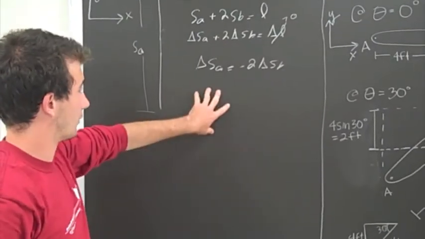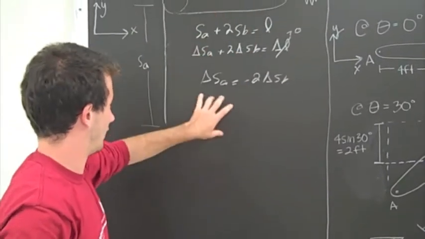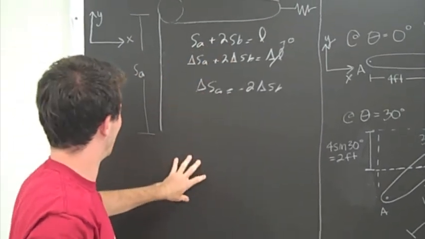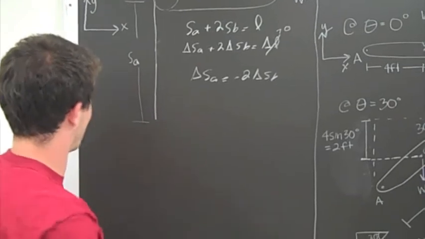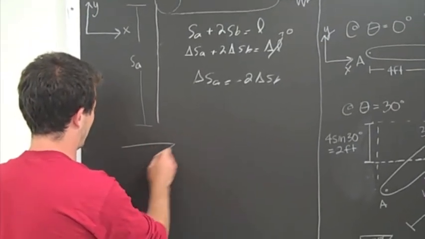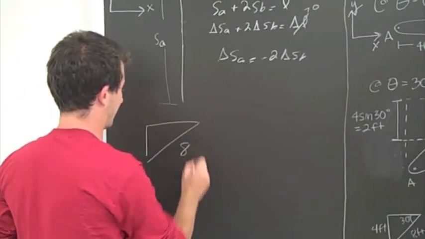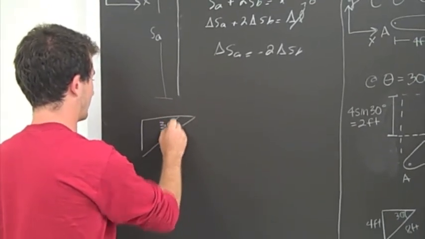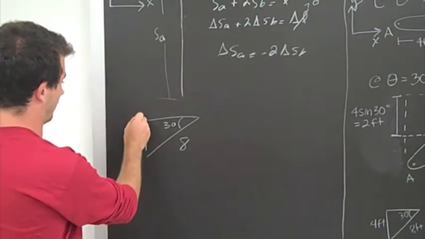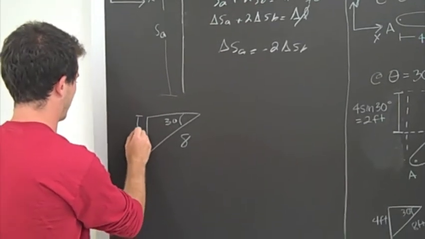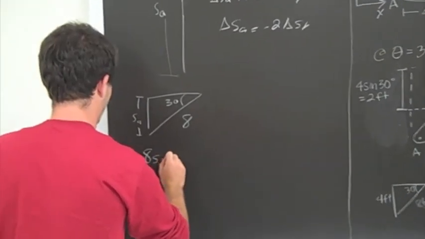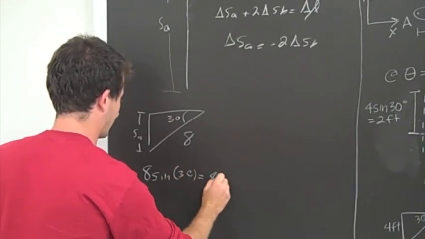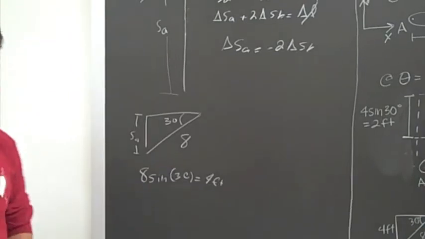Now in order to find how much the top length changes, we need to find out how much SA will change in 30 degrees of rotation of the door. We know that the door itself is 8 feet long, and it rotates 30 degrees. To find this length right here, which is SA, sine 30 equals SA over 8, so SA equals 4, because sine 30 is just 1/2.